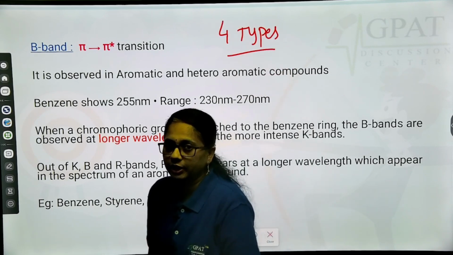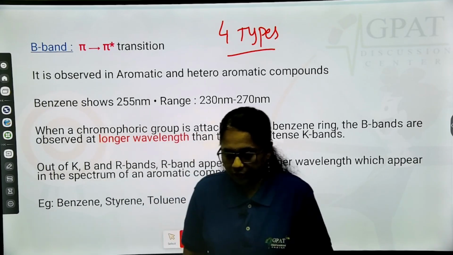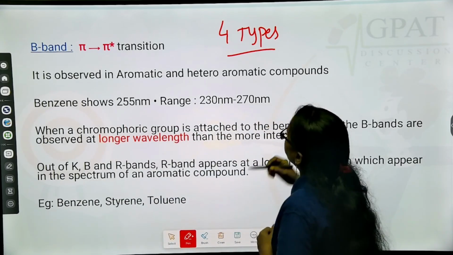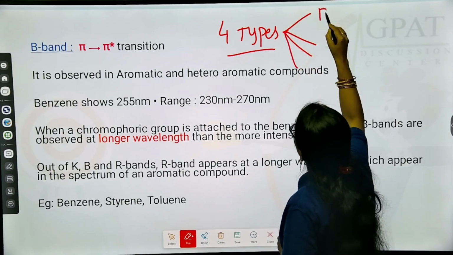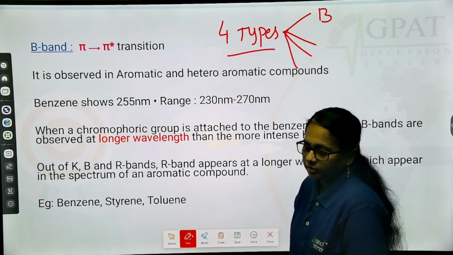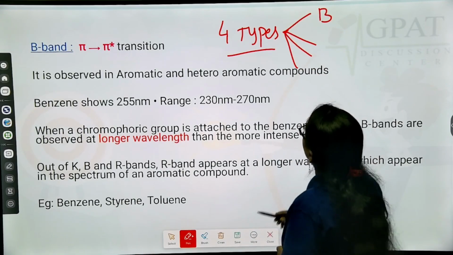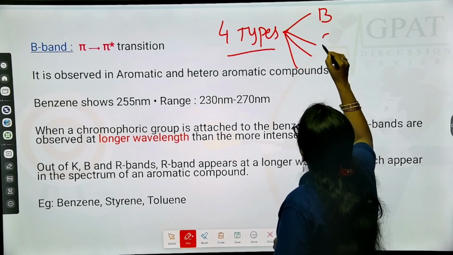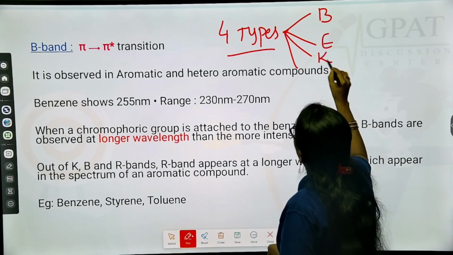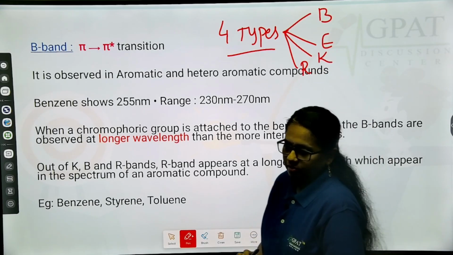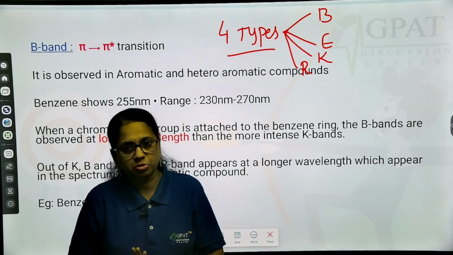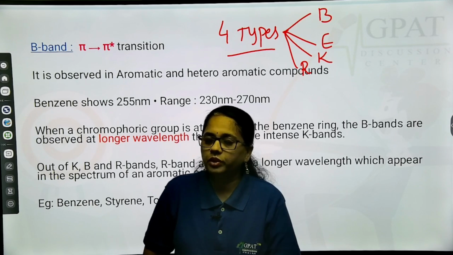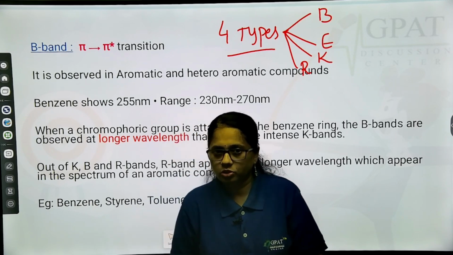Alphabetically, if you want to remember them: B bands, then E bands, then K bands, finally R bands, okay. These are the 4 absorption bands you are going to see in UV spectroscopy.